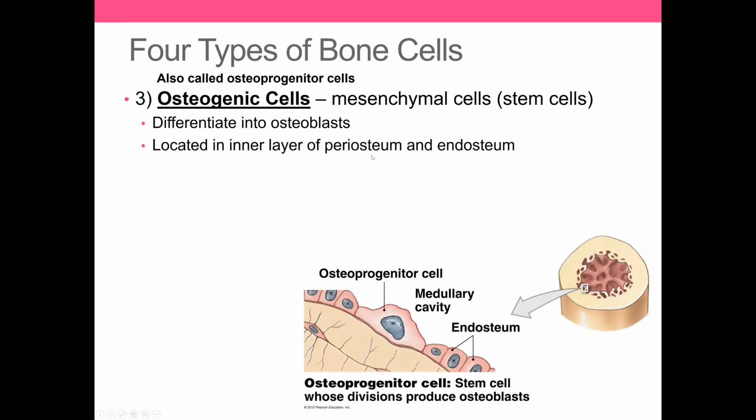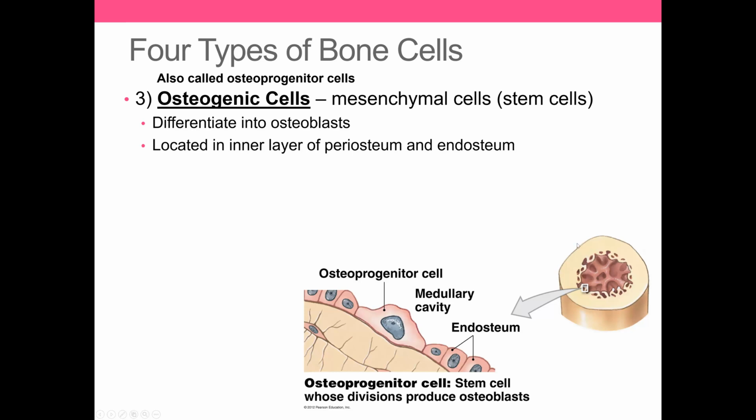They are located in the inner layer of the periosteum and the endosteum. So we already talked about the periosteum, which is the covering around the outside of the bone. You can probably guess by knowing your root words that endosteum would be the covering on the inside of the bone. So on the inside part of the bone where you've got that medullary cavity, you have a covering of endosteum.